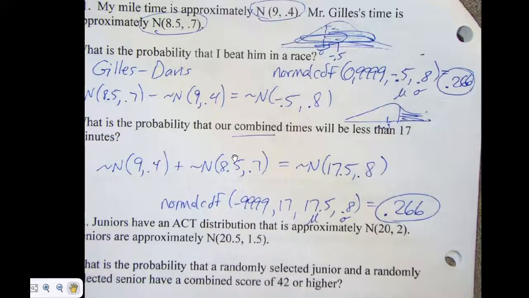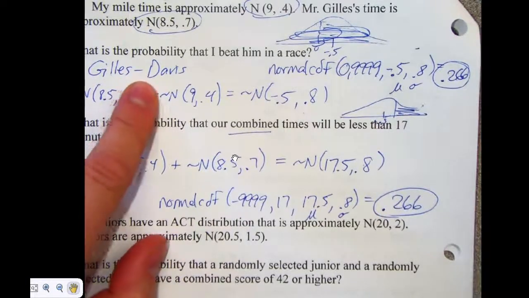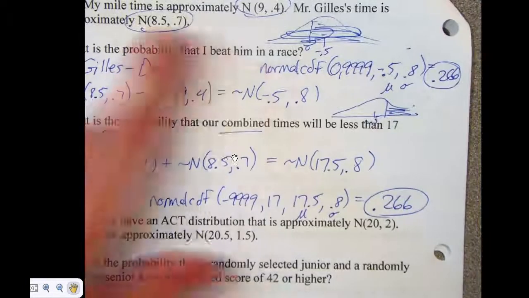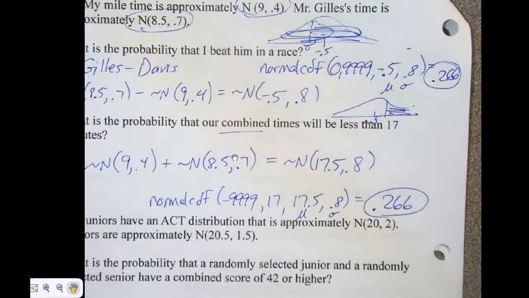The difference is, don't put your stuff away, please. The difference is if I did Davis minus Gillis, now if I win the race, it's negative. You don't need to understand both. You just pick one and logic your way through that one, and we'll practice more, but you just got to pick one. Once I've picked this, that determines everything else.